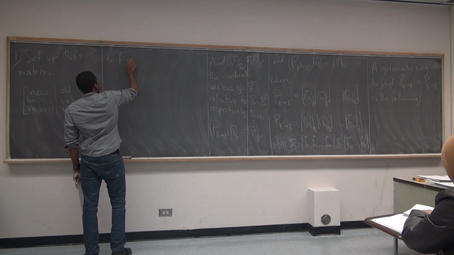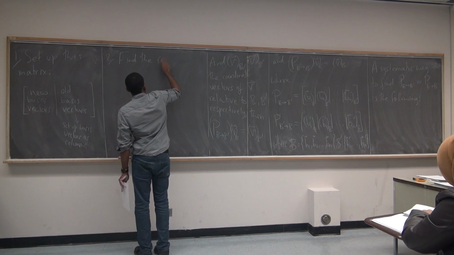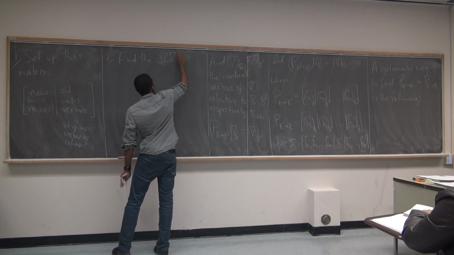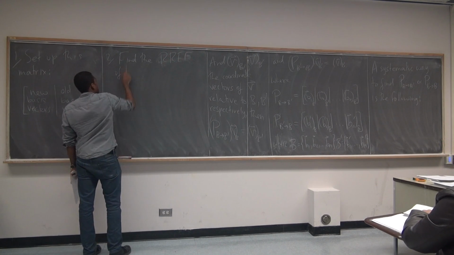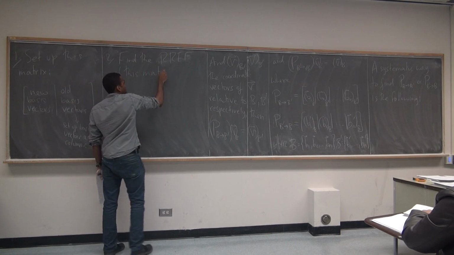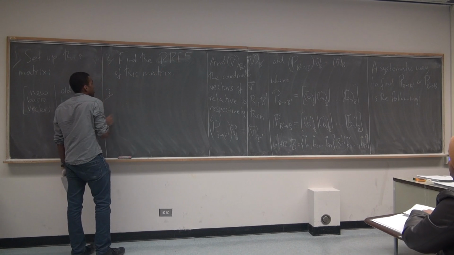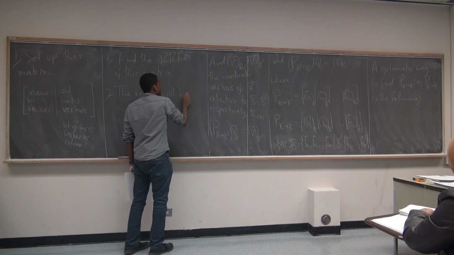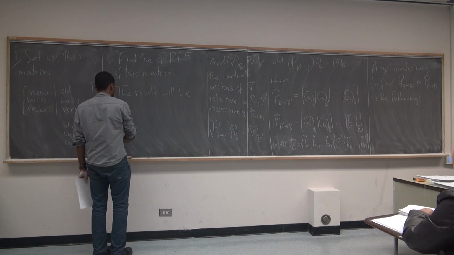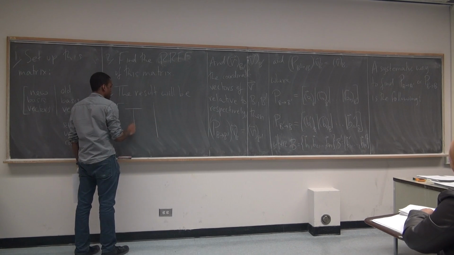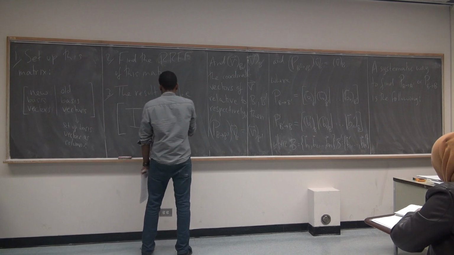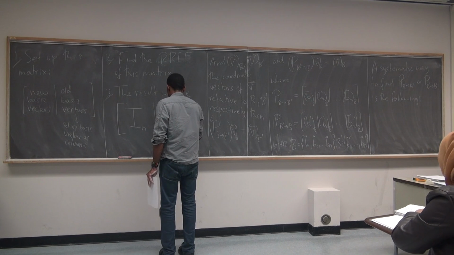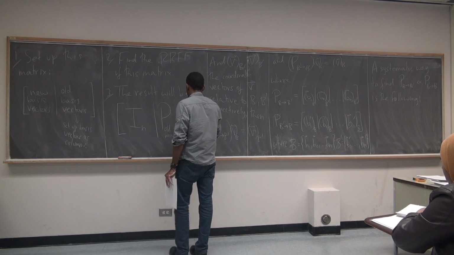Two. Find the reduced row echelon form. Turns out the result will be, on this side you'll end up with the identity matrix I_n. And on this side, you find the transition matrix from the old basis to the new basis.